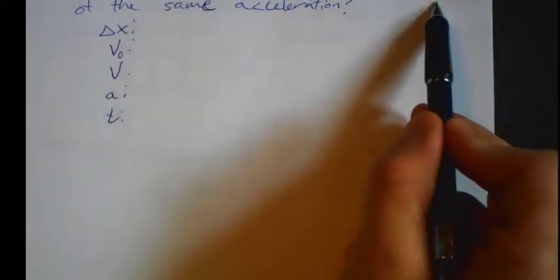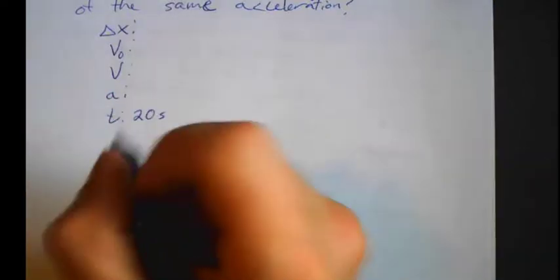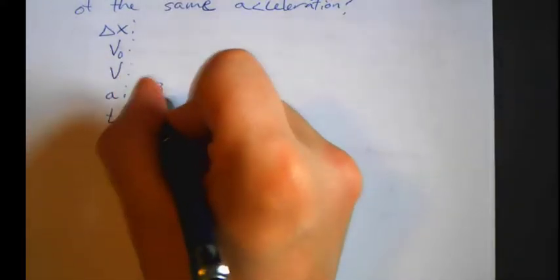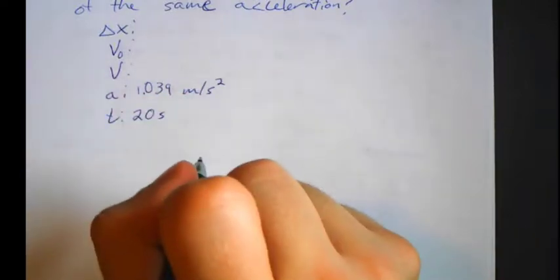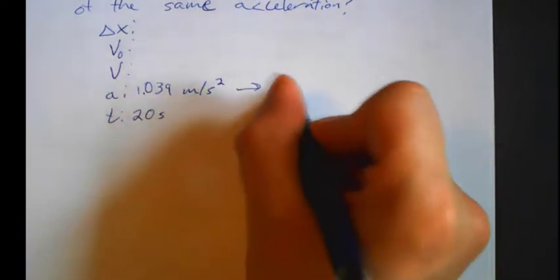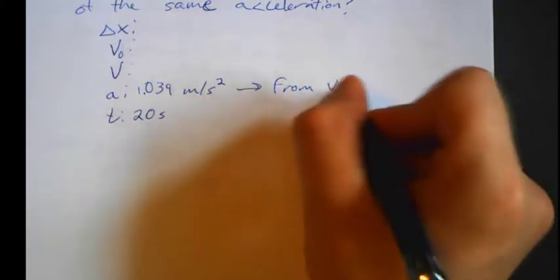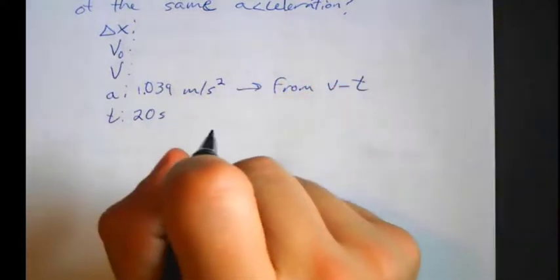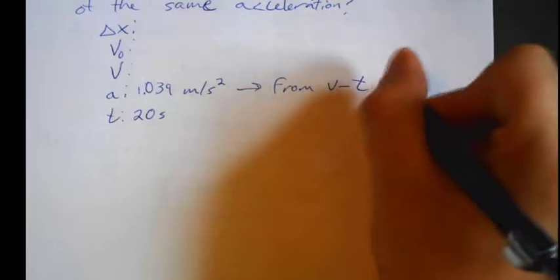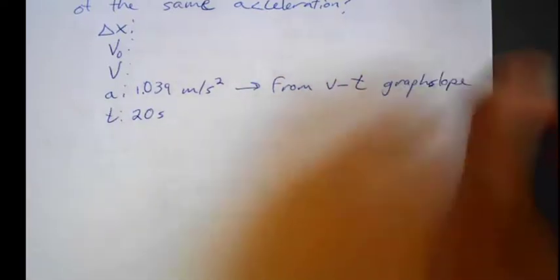So we know from the problem, we can go right down here, it's 20 seconds, that is going to be our time. We know the acceleration of 1.039 meters per second squared. That's from the velocity time graph, specifically, the slope of the graph.